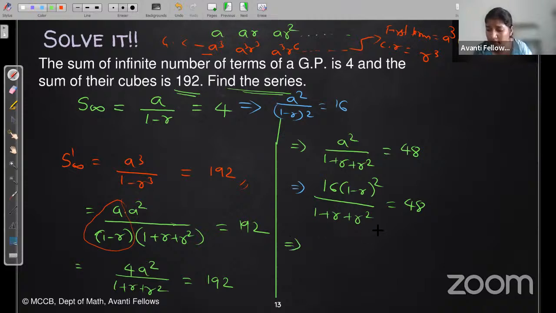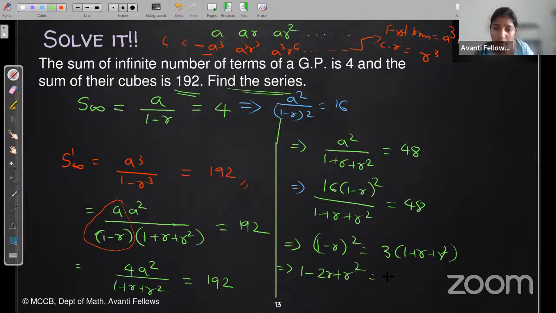So what does this imply? This will imply 1 minus r, whole squared, is equal to 3, and the 16 will get cancelled, right? I can cancel terms here. 16 is 16, 3 is up. So 3 into 1 plus r squared. Just expand it. We will get 1 minus 2r plus r squared is equal to 3 plus 3r squared.